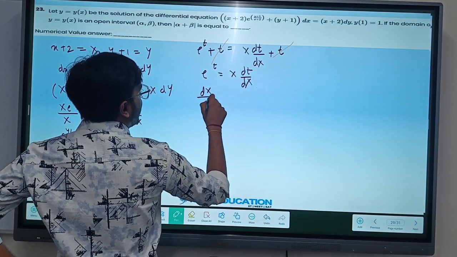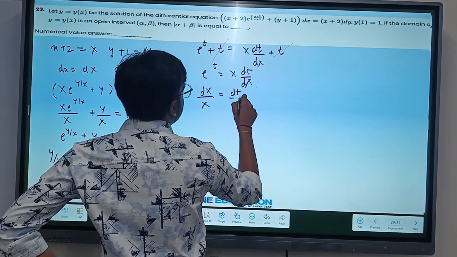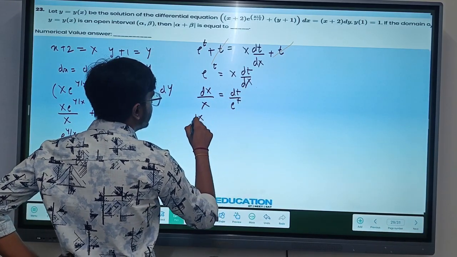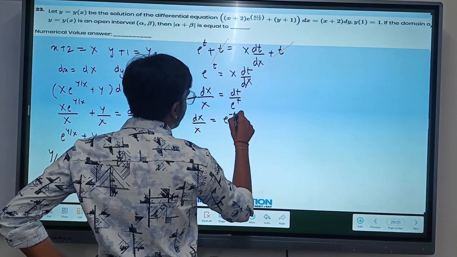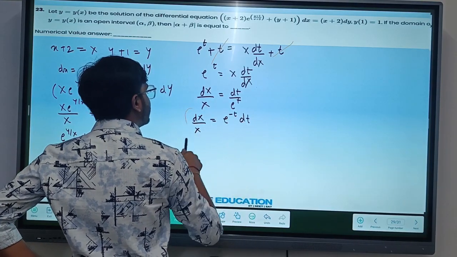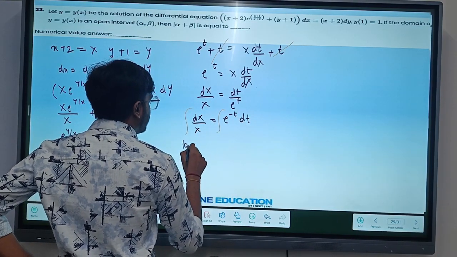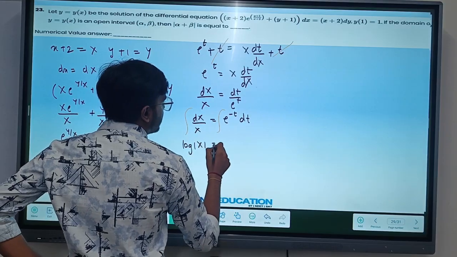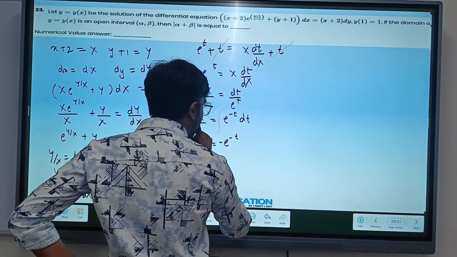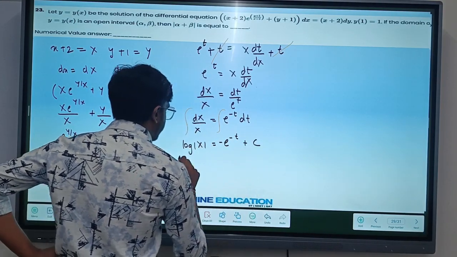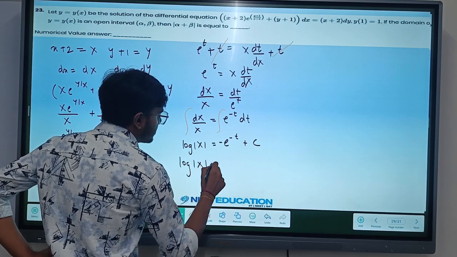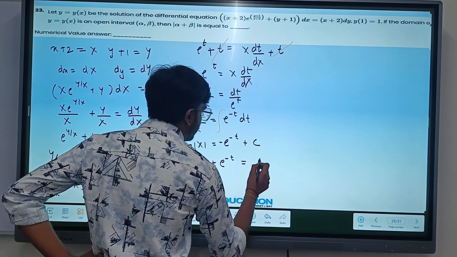So dx by x is equal to dt by e power t. So dx by x is equal to e power minus t dt. If I integrate both sides, log mod x is equal to e power minus t plus c. So log mod x plus e power minus t equal to c.